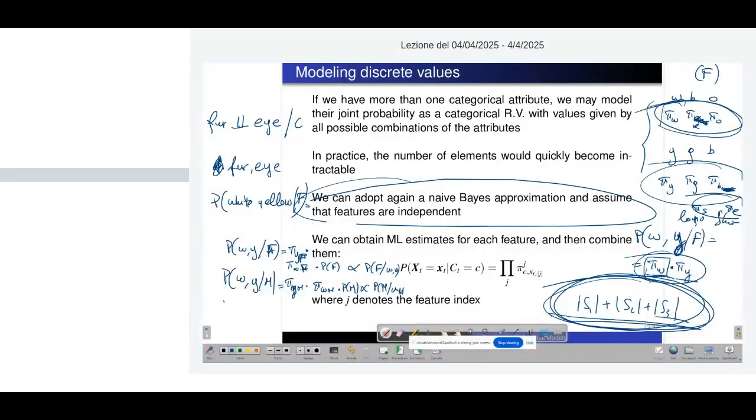Or if I want, I just compute the log-likelihood ratio between these two. So I compute log pi YF. Okay, we will see it later.